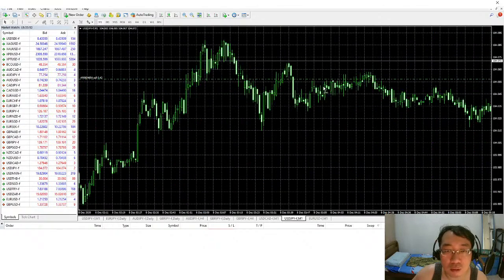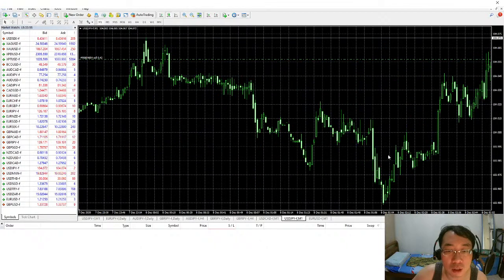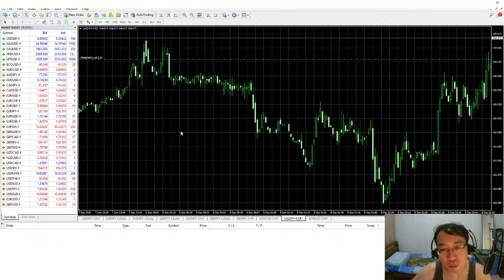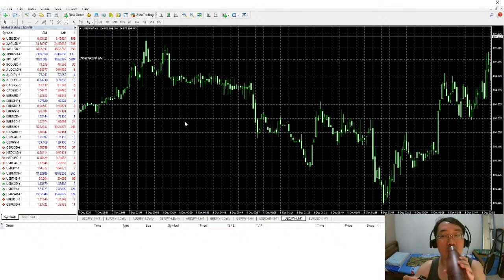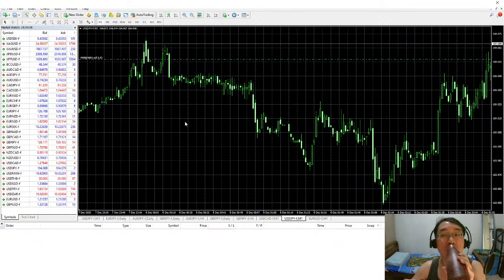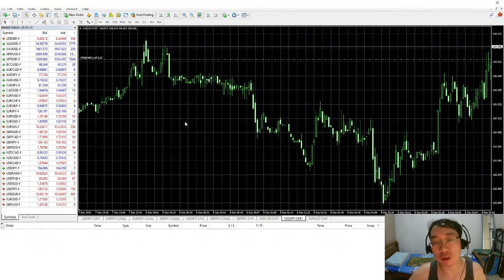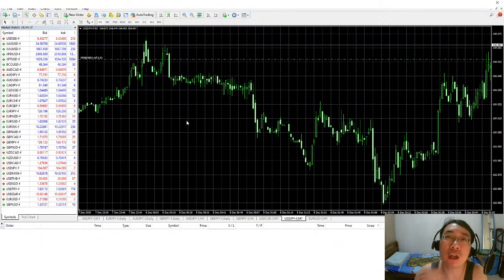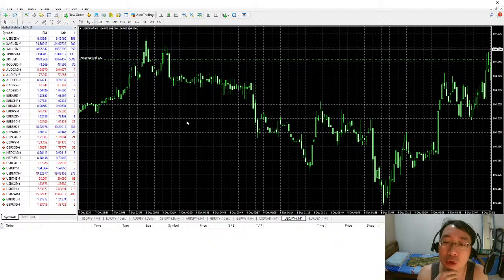Okay, 8th of December. Okay. So to clarify, for this particular trade, I'm using Ananda's server. For this particular Ananda server, I think they are on GMT +2.